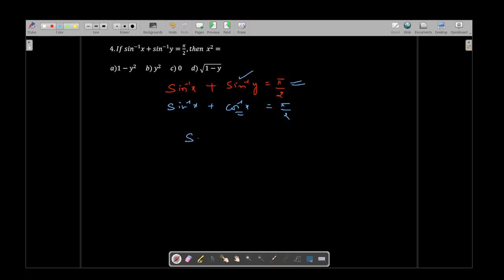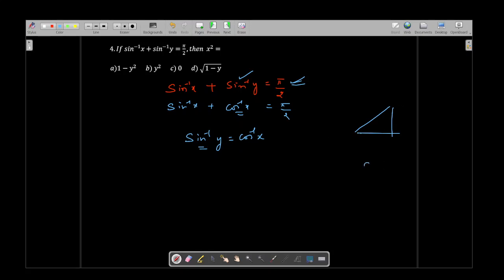If sine inverse of y is equal to cos inverse of x, then this equation gets satisfied. So for sine inverse of y, I'll convert this to cos inverse. What I can do is write the triangle out of it.